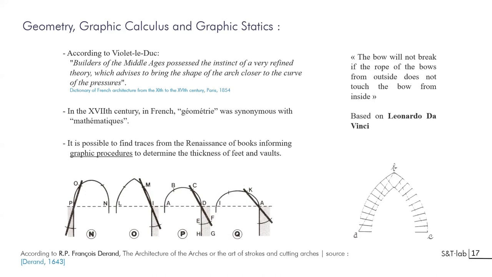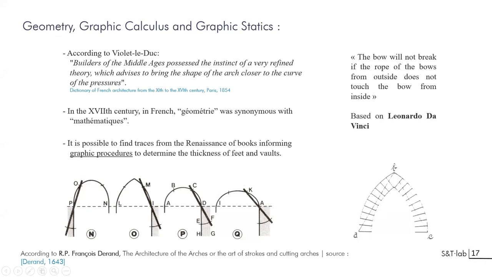And we see that one of the first that will be proposing something that will go in the direction of the truss line will be Leonardo da Vinci, while he will be proposing, for assessing the stability of a pointed arch, the line, the rope that will be joining the ends of the arch, that will not cross the inner arch, and it will give you the first technique to assess the stability of arch.